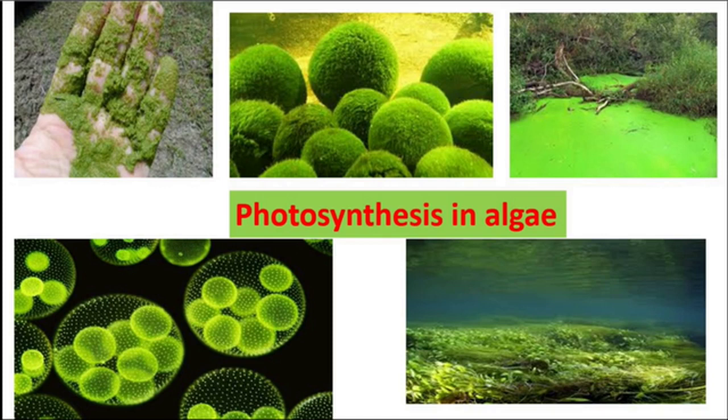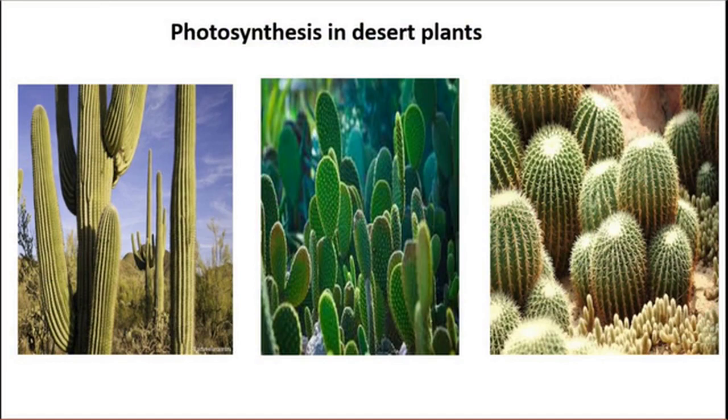Now we have to see photosynthesis in desert plants. We all know that in the desert some plants undergo some modifications. Besides leaves, photosynthesis also takes place in other green parts of the plants, like green stems and green branches. Desert plants have scales or spine-like leaves to reduce loss of water by transpiration.